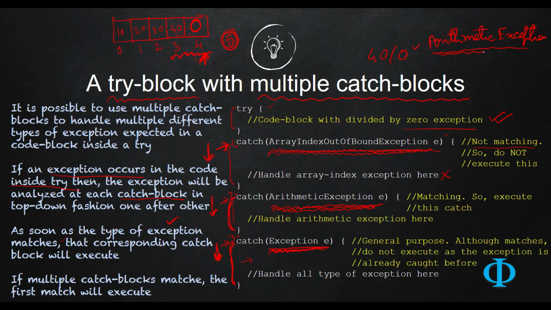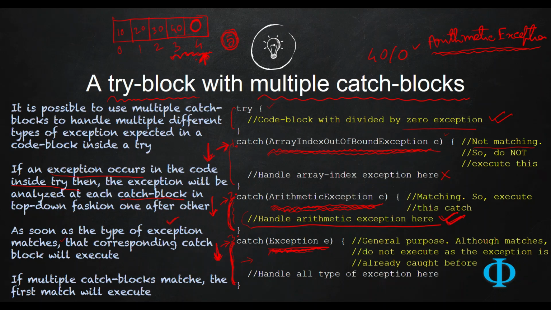This is an arithmetic exception, so it matches, and this piece of code executes. And although the next catch block also matches the exception type, because it is a general purpose exception and matches everything, it will not execute because the exception is already handled in the earlier catch block.